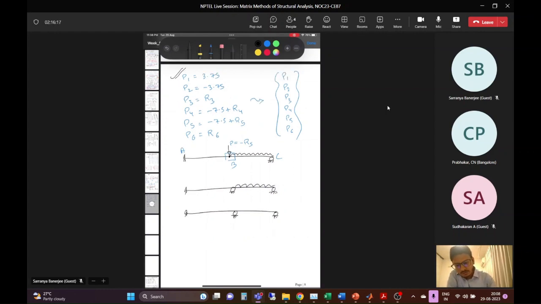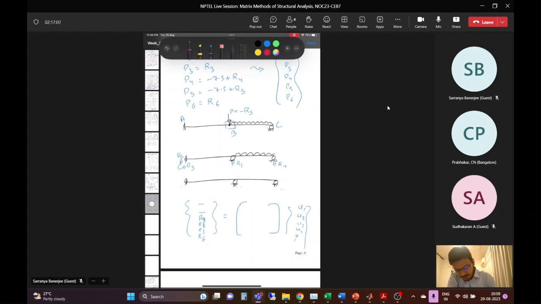If we know that this is R5, this is R4, this is R6, and this is R3, and we make our load vector R3, R4, R5, R6, forgetting about P1 and P2, in the global stiffness matrix times the displacement vector, can you distinguish between these two cases if our load vector is this?